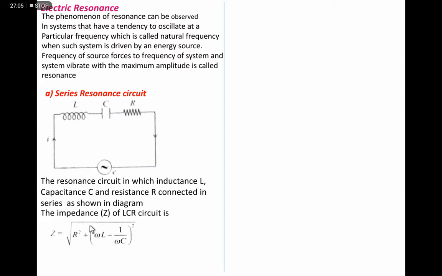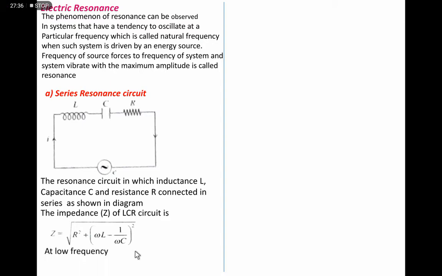Here XL is the inductive reactance and it is equal to omega L, and XC is the capacitive reactance and it is equal to 1 by omega C. This we already studied in the previous chapter. So according to inductive reactance and capacitive reactance, we'll write the equation for the impedance.